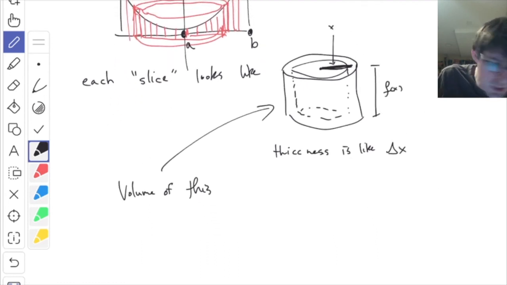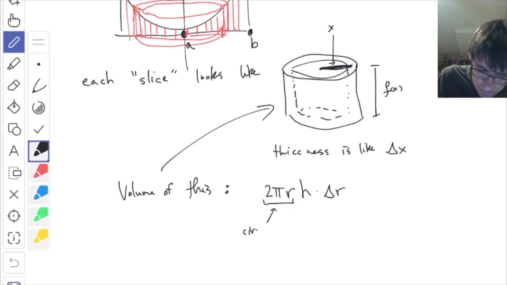And this is a strange geometric formula that no one has any business knowing off the top of their head, but it's 2 pi r h times delta r, where 2 pi r represents the circumference around the pipe. This is how you can remember this. This is the height, and then this is the thickness.